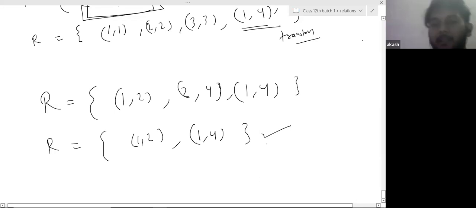This is mentioned in NCERT, so we must follow that. Why is this transitive? Because there is no one to compare. In transitive we must check (1, 2) and (2, 4), so we must have (1, 4). Here we don't have (2, anything) or (4, anything), so we cannot say anything about transitive, right, Krishna?